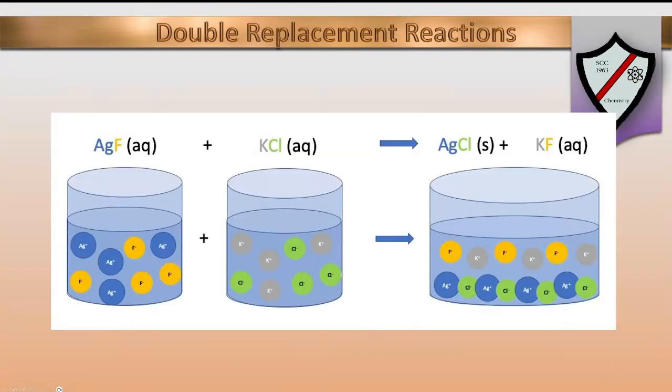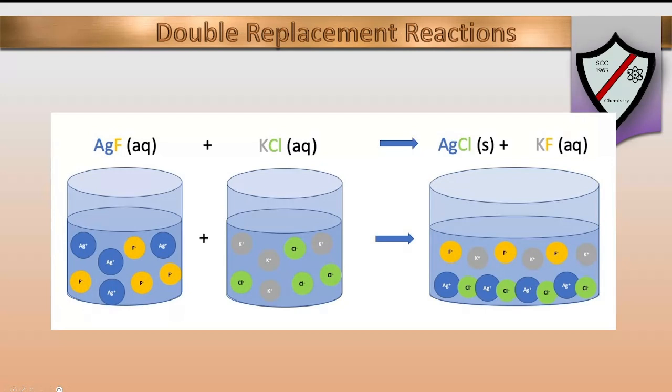Moving along, now that we can predict whether an ionic compound is soluble or insoluble, we can have a discussion about a specific type of chemical reaction called a double replacement reaction. If you take two aqueous solutions of soluble ionic compounds, we have our example here.